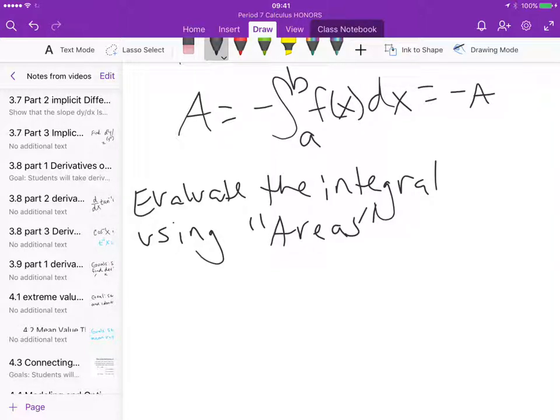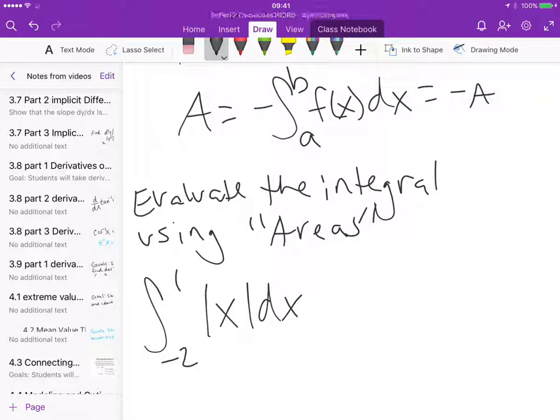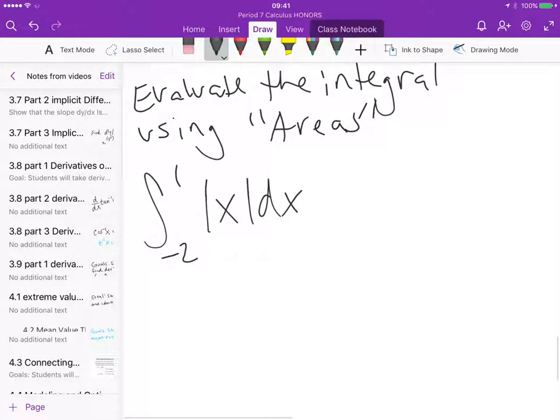All right. So we're going to start off pretty basic here. We're going to use the function absolute value of x from -2 to 1 of dx. I want to use this one to start it off because it can show a pretty good representation of what this particular function is going to look like. So let's take a look here for a sec.